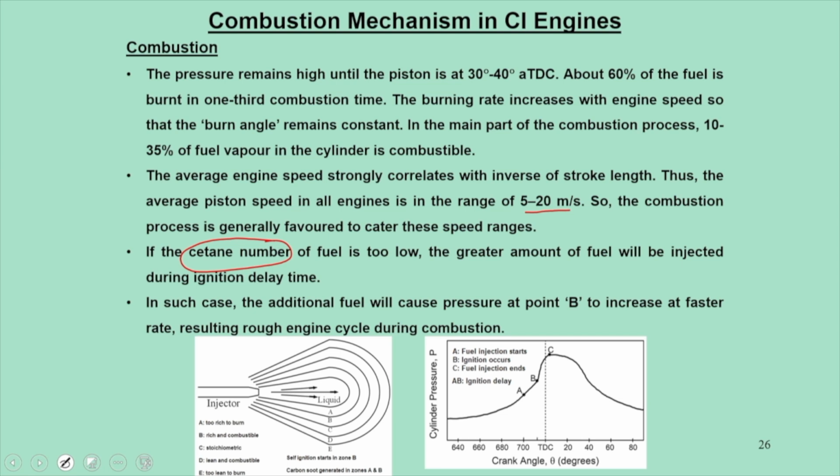If the cetane number of the fuel is too low, then there is a greater chance that a greater amount of fuel will be injected during the ignition delay time, and this creates the formation of soot, and it tries to spread.